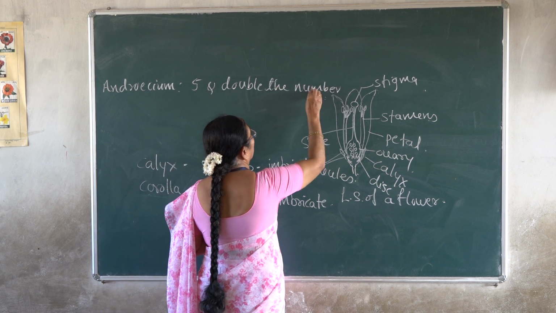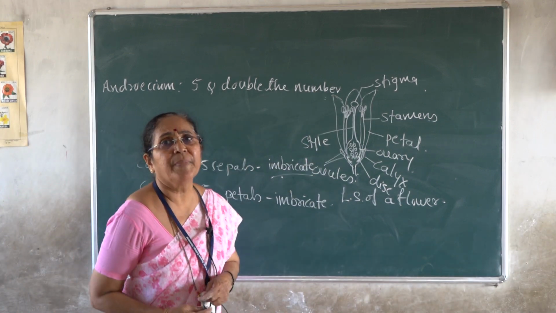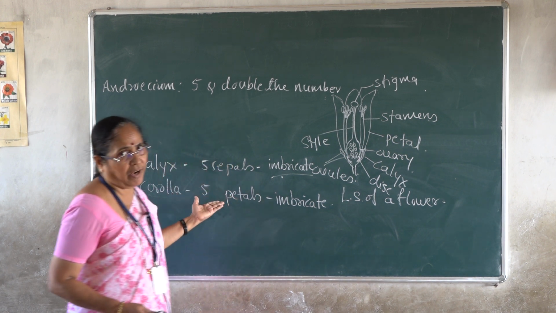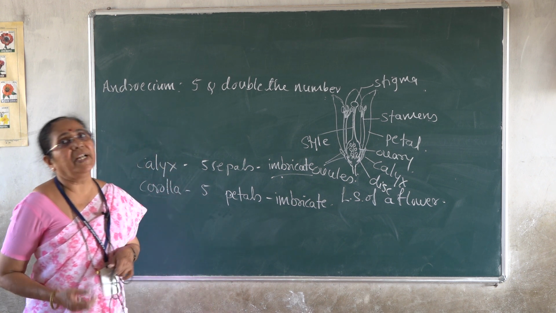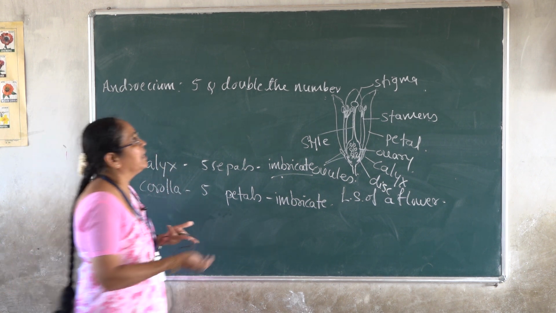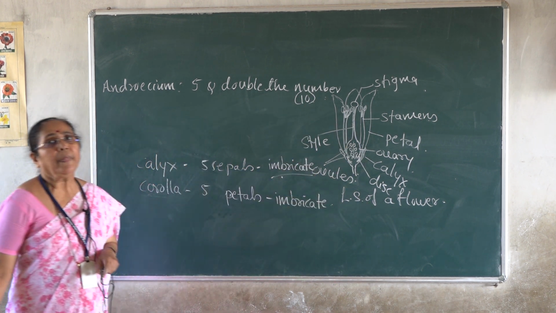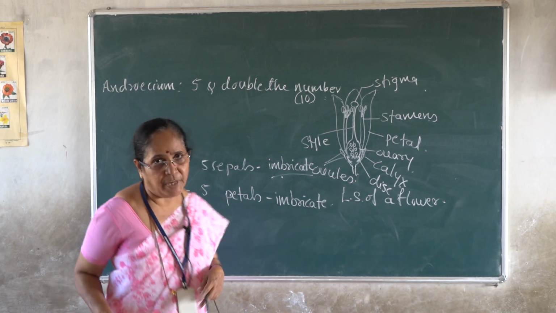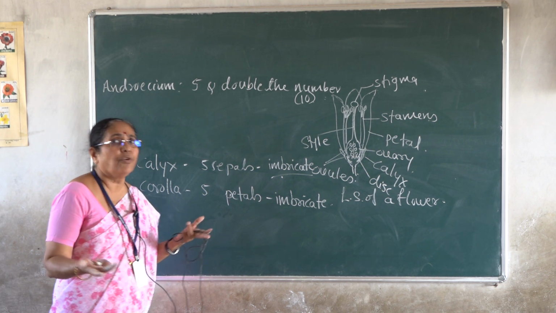It may be isostaminous, which means the number of stamens is equal to the number of sepals and petals, all 5 in number. Or the stamens may be double the number of petals, meaning the flower may contain 10 stamens. Or in some cases there may be many stamens also.